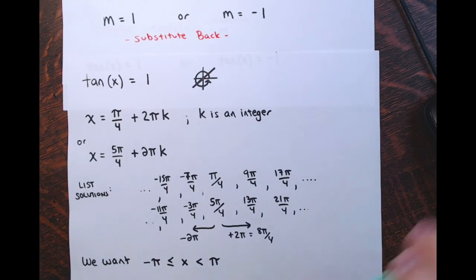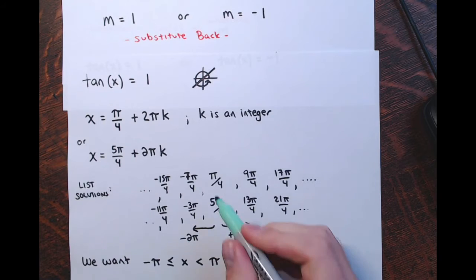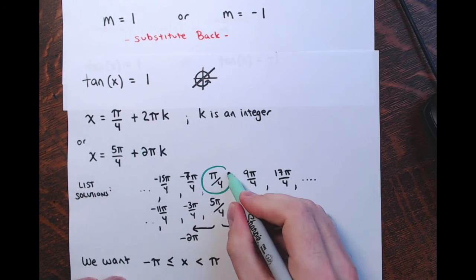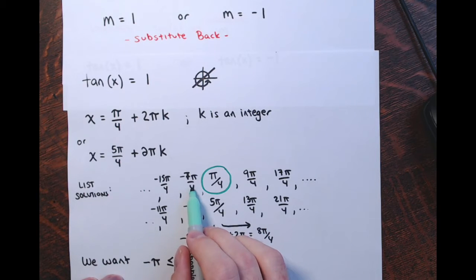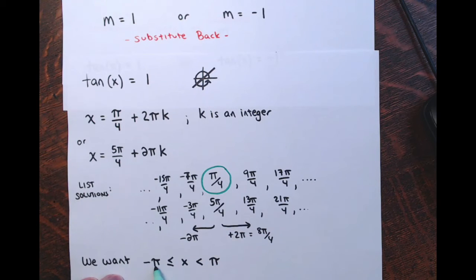Looking at my list here, pi over 4 is in this range. 9 pi over 4 is bigger than pi. 17 pi over 4, those are all too big. Negative 7 pi over 4 is smaller than negative pi, because negative pi would be negative 4 pi over 4, so these are too small. So from this top row, only pi over 4 works in this range.